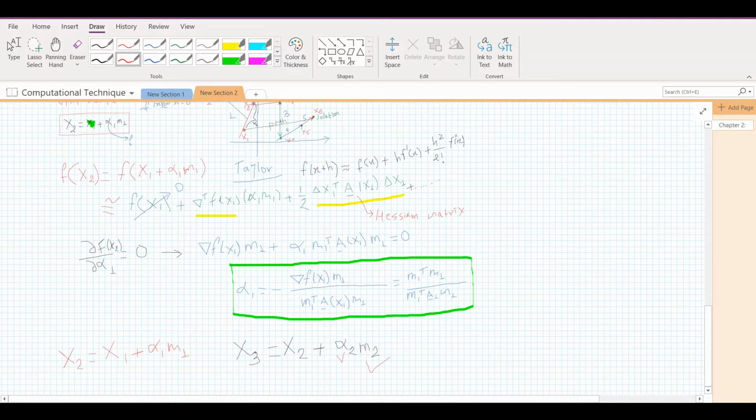And then you have to keep checking if the gradient is 0. If your alpha is 0 somewhere in the line, then you have to stop, and you have to keep checking your slope.